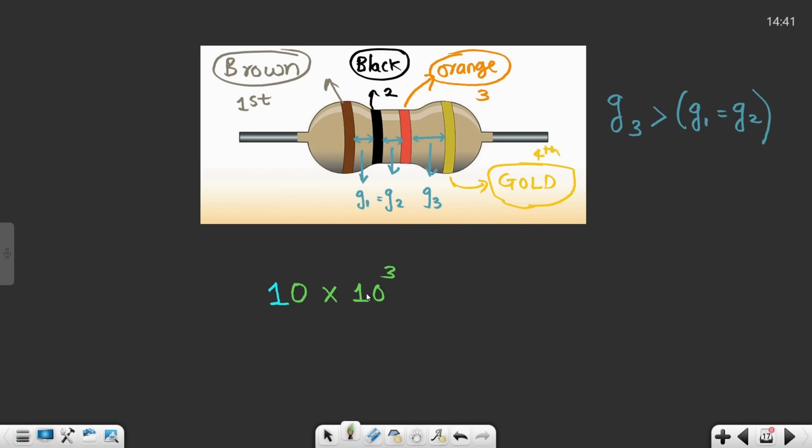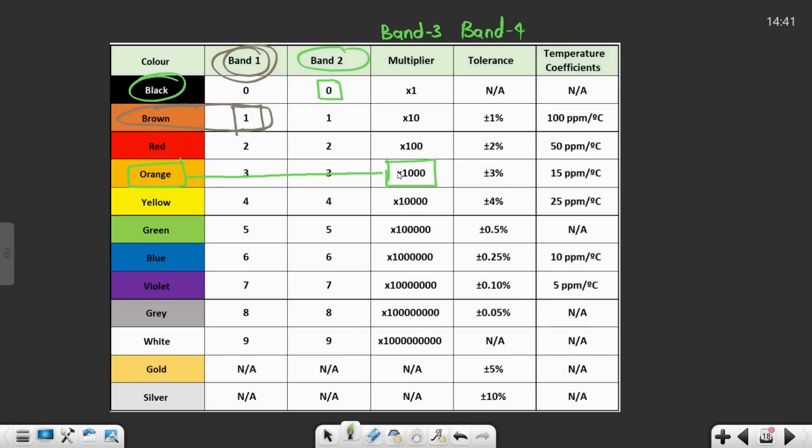I'll come to this point, don't worry about why I wrote the multiplication sign. To the right side of the multiplication sign we have 1 and 3 zeros, so that means 1000.